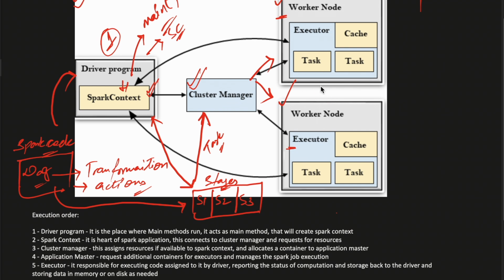After that they get executed in these executors. These are the tasks. Suppose this is S1, S2, and here is S3. Just to add on, I'll add S4 also. So here is your S4. This is how your tasks are distributed.